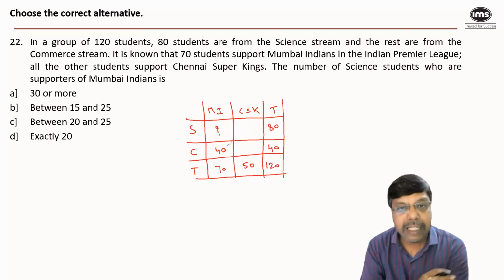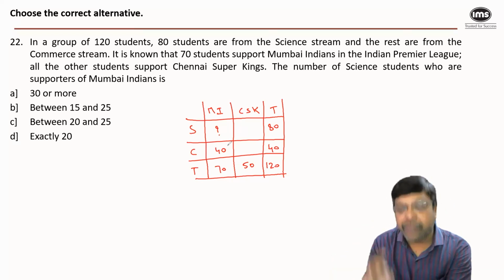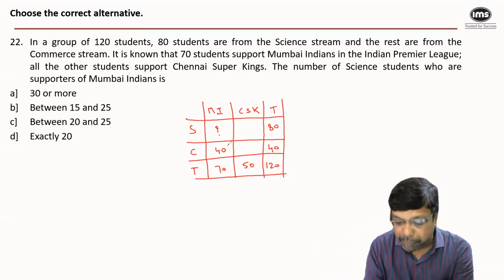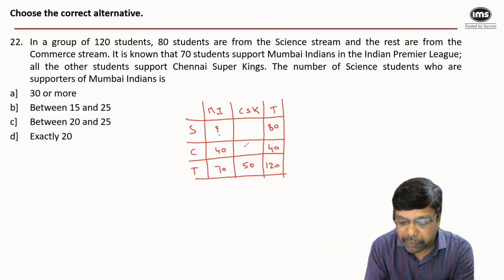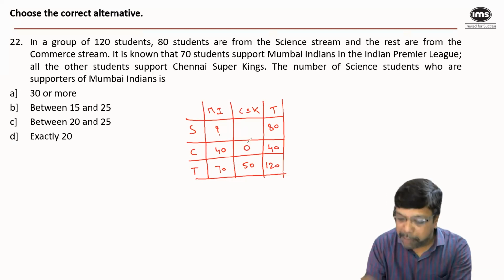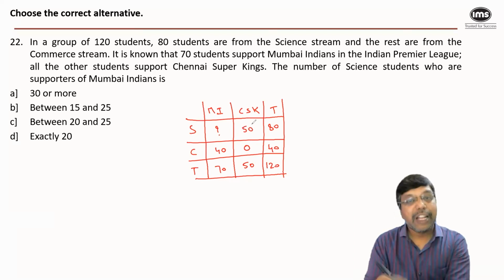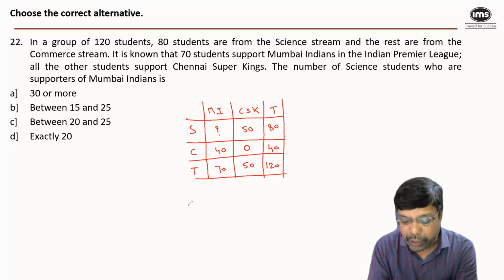But let's verify if this does not pose any problem to the other values. Then the number of students from commerce who support CSK is 0, meaning the number of students from science who support CSK is 50. Thereby, the number of students from science stream who support Mumbai Indians is a minimum of 30.